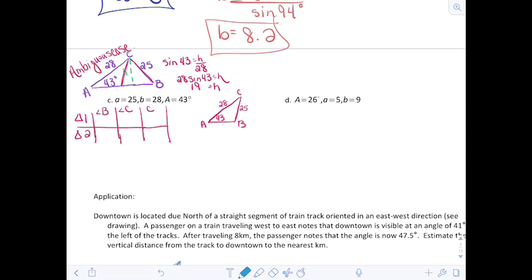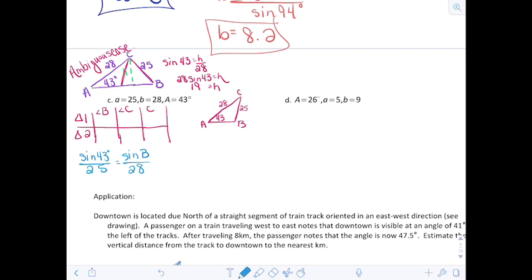So what we have is we look at the top one, the original, and we're going to go for angle B. So we're going to take the sine of 43 over 25 is equal to the sine of B over 28.